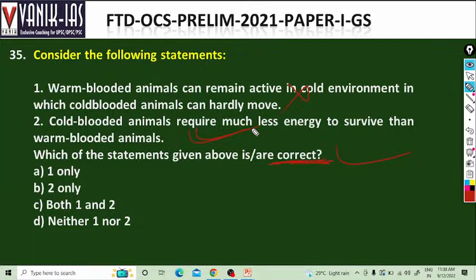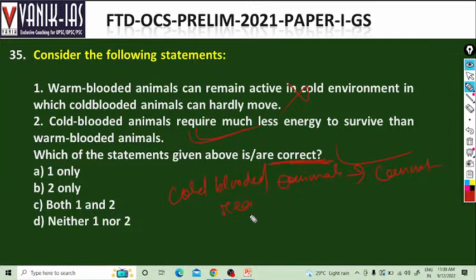What is a cold-blooded animal and what is a warm-blooded animal? Remember, cold-blooded animals cannot regulate their internal body temperature.